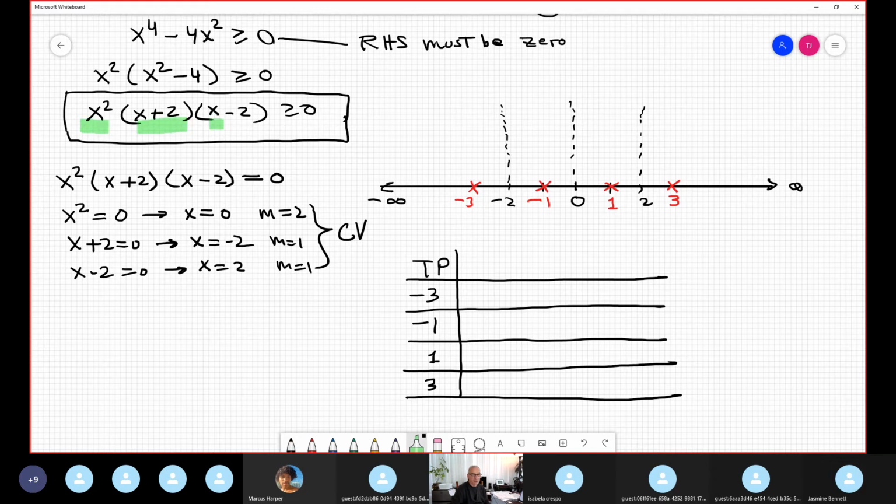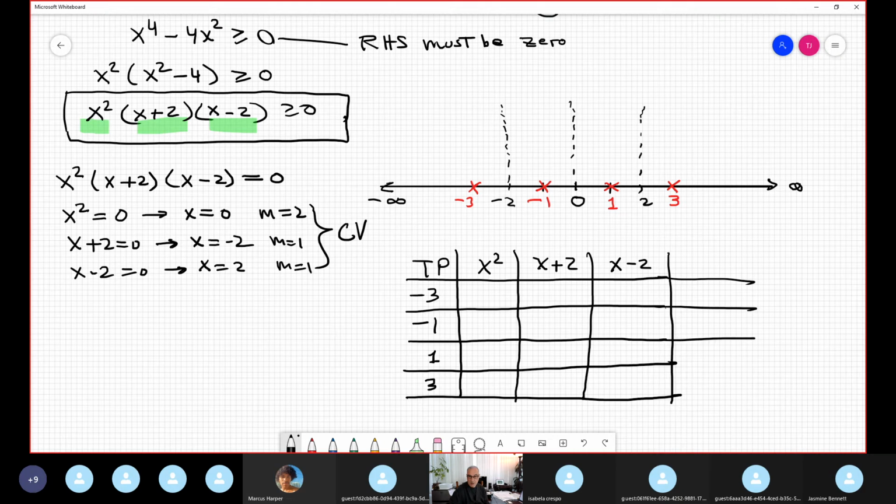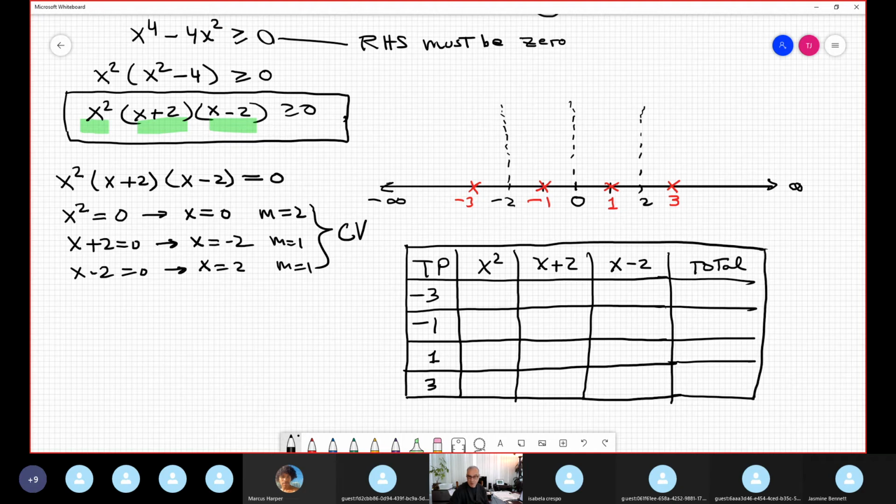These 3 factors: x squared is one column, x plus 2 is another column, x minus 2 is another column. And remember, include one extra column in which you summarize the information, called total. This is a typical format for the table for solving polynomial and rational inequalities.